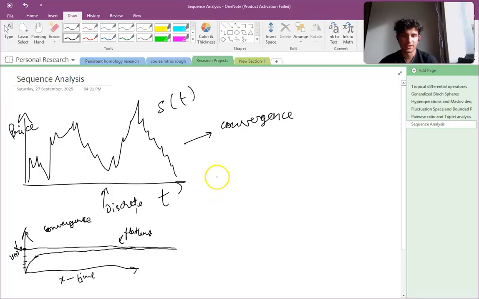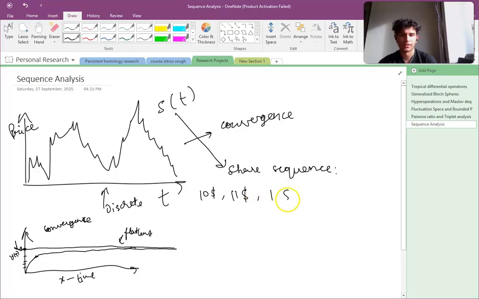Given some sort of sequence, I'm going to convert this stock, this share price, into a sequence which is only going to be its price over time. So say $10, $11, $1, $11.5, $11.6.